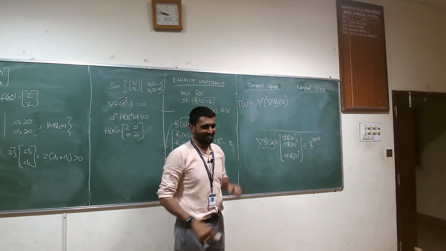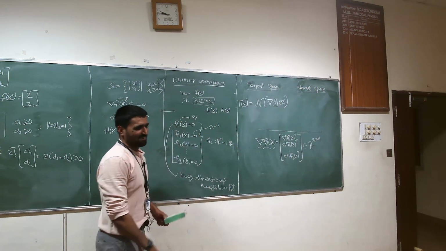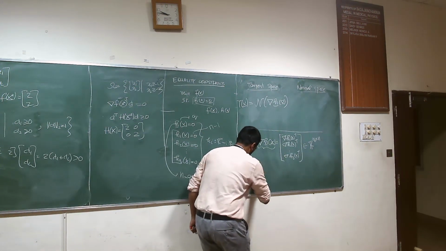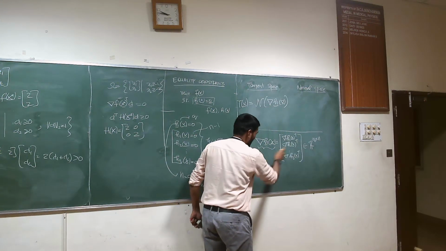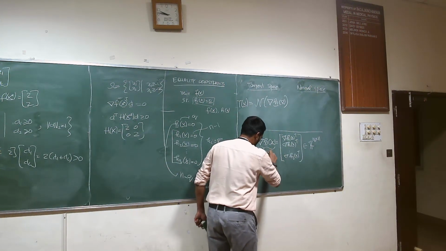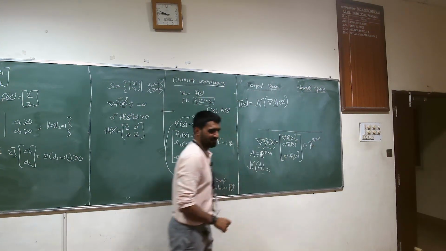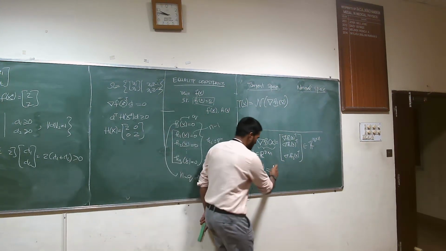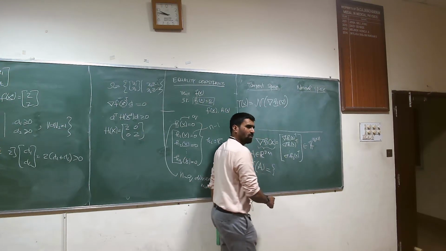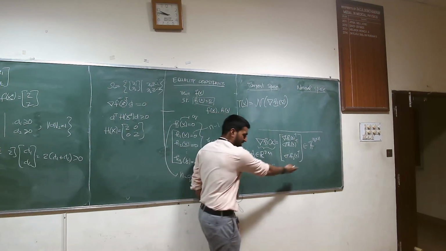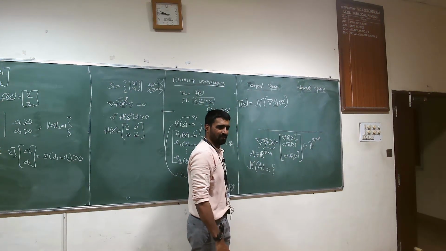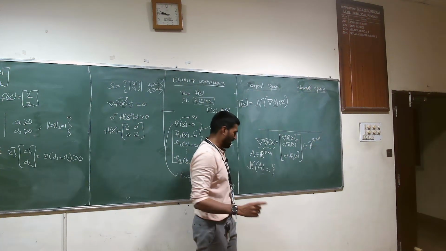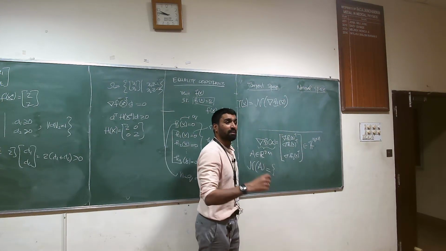What is null space? Let's say for now we'll talk about q cross n. What is this? It's a set, right? You have to give me the definition for the set. Well, they don't map A to 0.